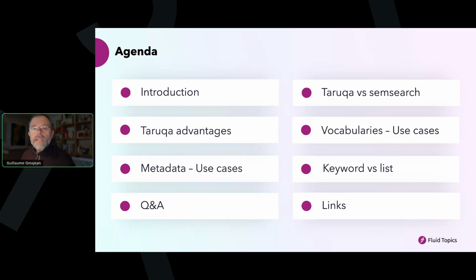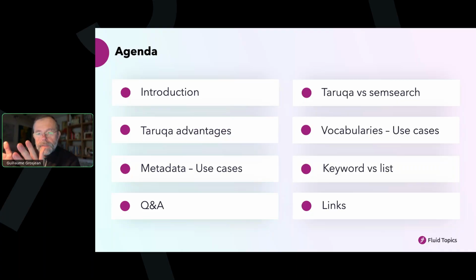So how the search engine operates, we'll take a quick look at the differences between the keyword-based search and the semantic search. After that, we'll walk through the key Taruqa principles, Taruqa being our proprietary search engine, you know that already, and its most valuable capabilities.